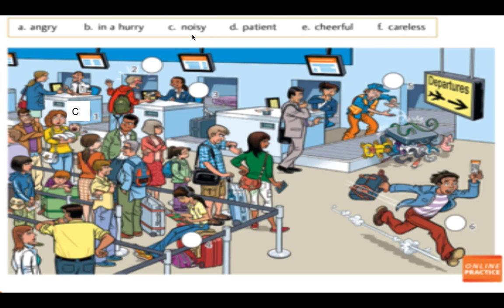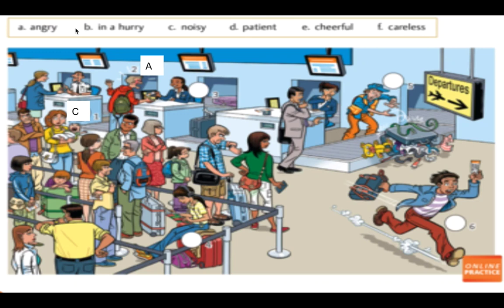Number 2, there's a man, his hoodie is red, his hand is in the air, his face is red, and he is shouting. Why is he shouting? Is he cheerful? No, he's very angry. I don't know why.